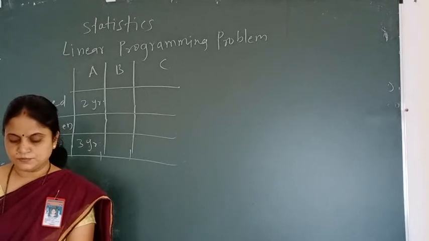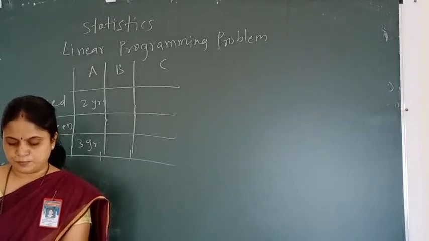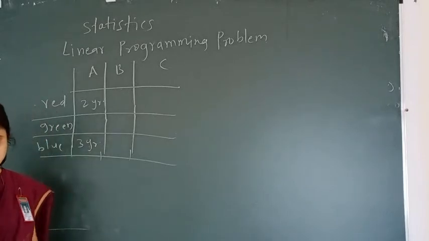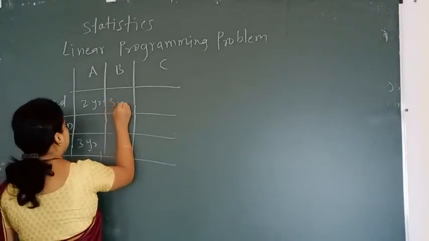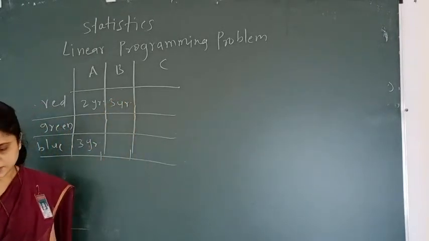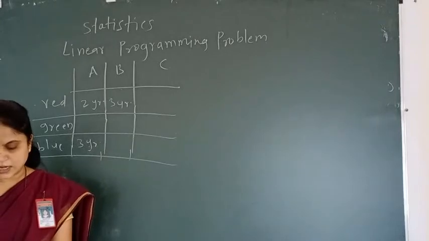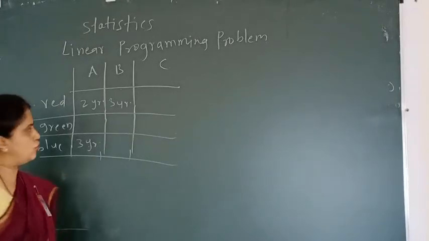Now 1 unit length of type B cloth needs 3 yards of red wool, 2 yards of green wool and 2 yards of blue wool.